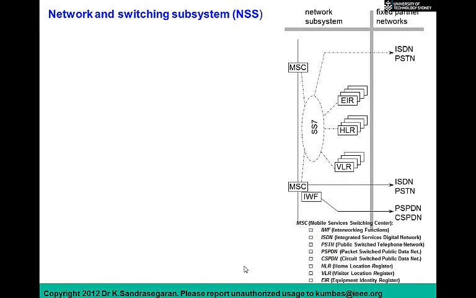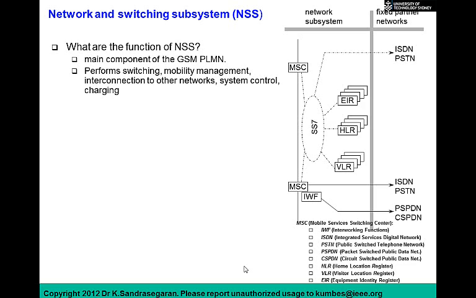Next we move on to the network and switching subsystem. The main component of the GSM PLMN is the network and switching subsystem, because this is the one that enables a mobile subscriber to be connected to a service that they want. For example, all a mobile subscriber wants to know is, can I make a telephone call to a PSTN?